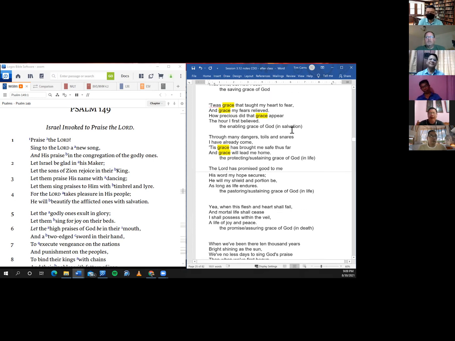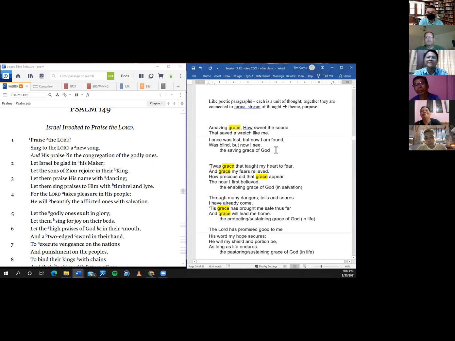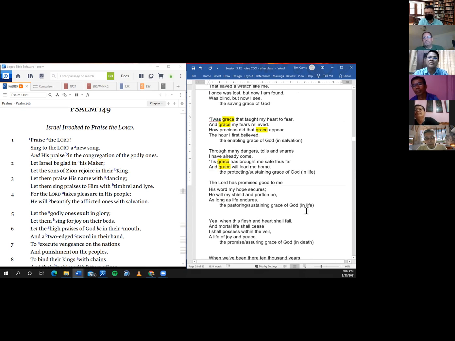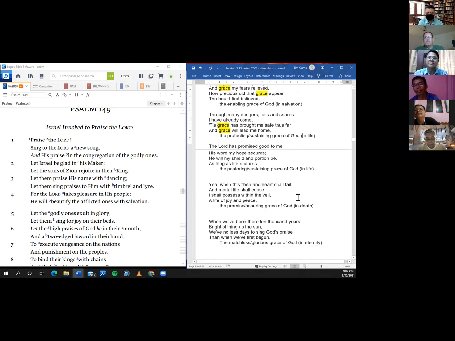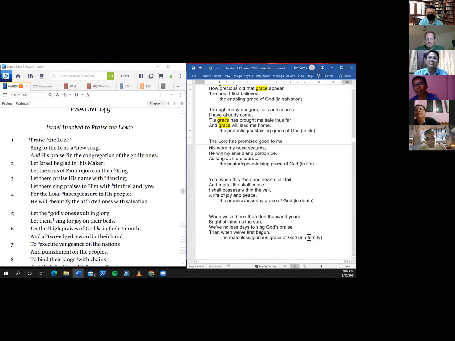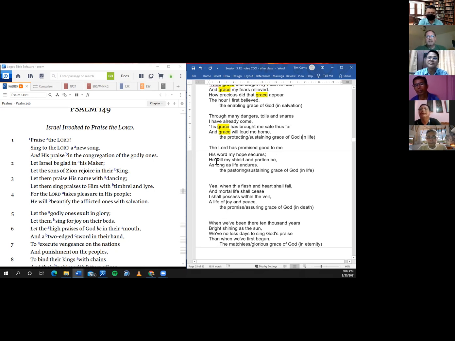Notice he begins with salvation, then sanctification in life, and then glorification in death and throughout eternity. See that? So if this was an actual passage of scripture, of course we know it's not, but just to show by example, poetry in the Bible follows the same kind of thing where we have stanzas that are connected together.